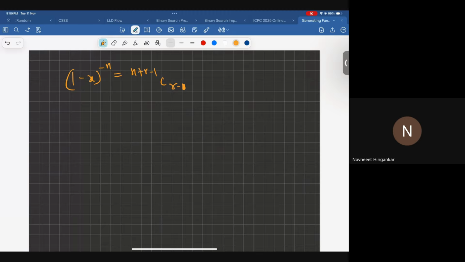Wait, what am I missing here? Okay, my bad, 1 second. So this one is correct, right? x raised to the power k.